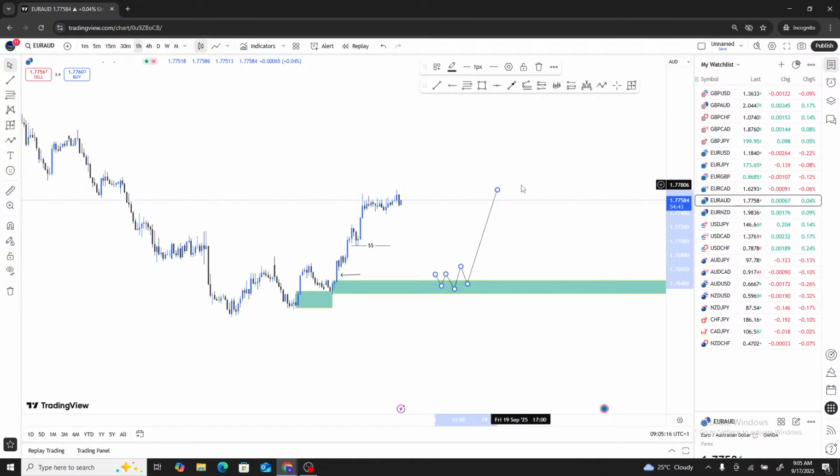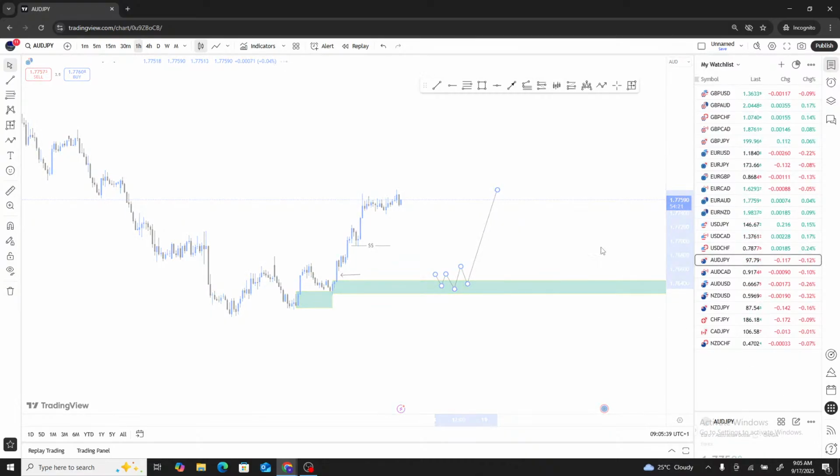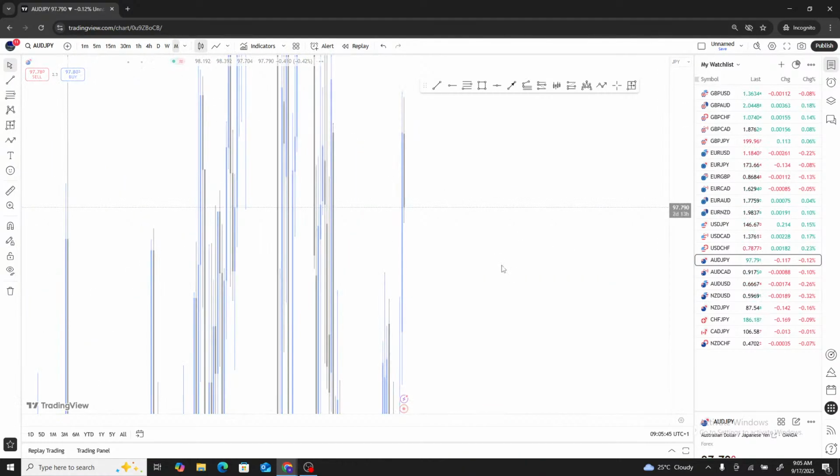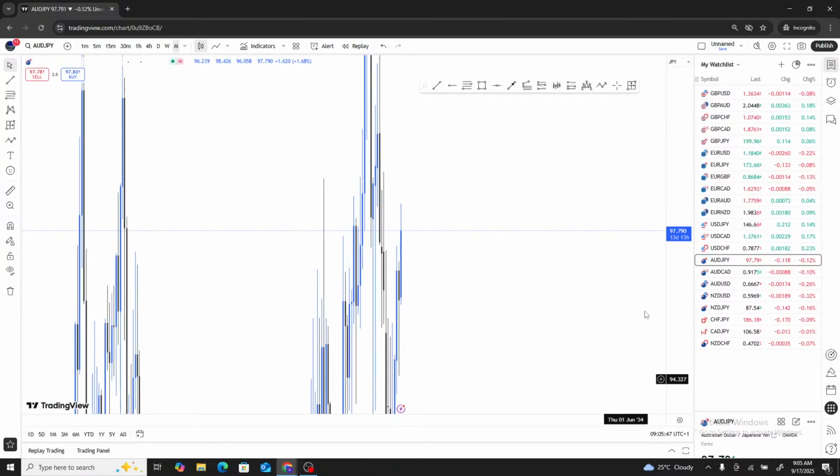All right, we can check another pair. Let's say AUD JPY. AUD JPY. Let's see what's happening on the higher time frame, monthly time frame.